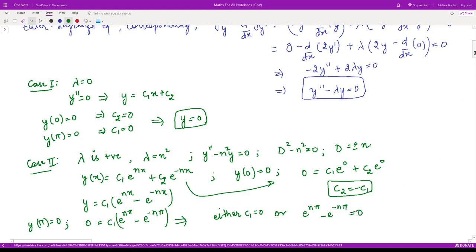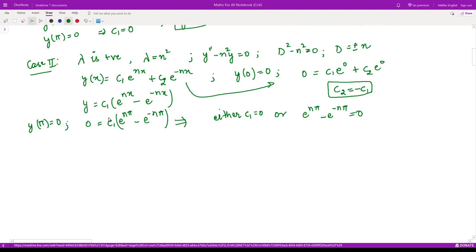Now if c1 is 0, this means c2 is also 0. That means y is equal to 0, which is again the trivial case. And if this thing is 0, this means n is equal to 0, which again gives you y is equal to 0, the trivial case. So here also we don't obtain the non-trivial solution.